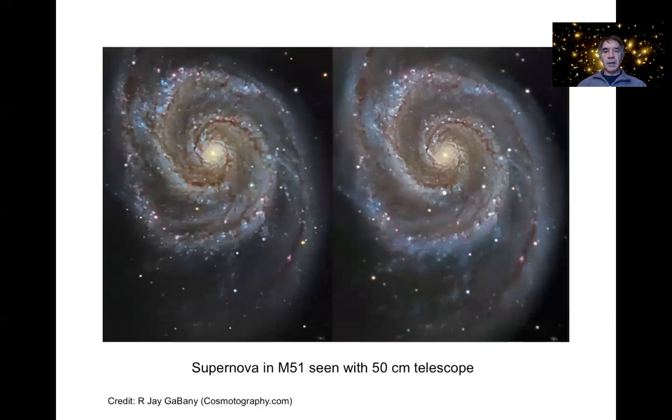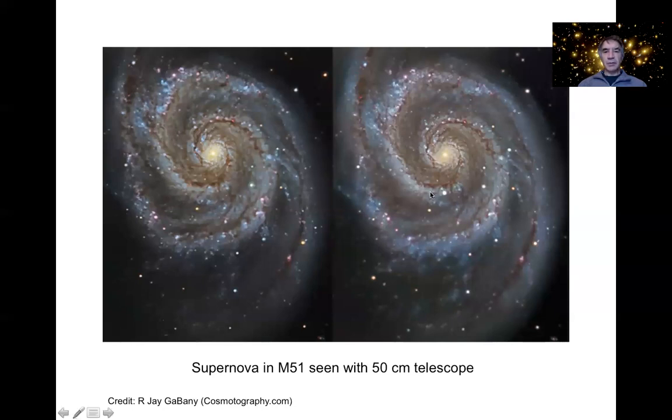Here's a little test for yourself. This is the idea with looking for supernovae. You've got two pictures of the same galaxy, actually taken with quite a small telescope. Anybody spot where the supernova is? You need to compare these two images. This is another part of that process: compare the two images of the galaxy and look for any new source that has appeared.